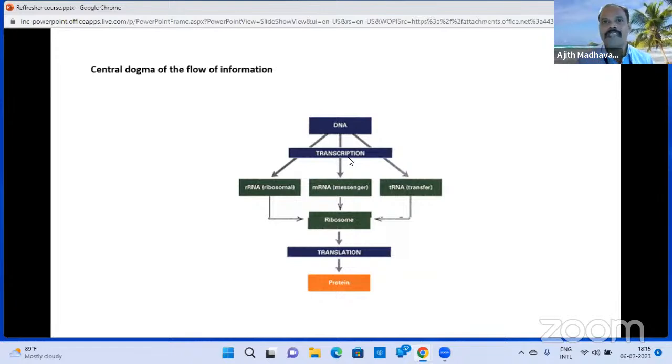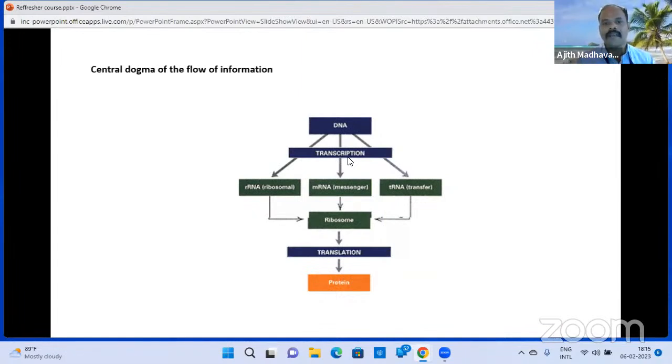In the case of DNA, that OH is missing, hence deoxy. Deoxyribonucleic acid. This is ribonucleic acid, RNA. The DNA is written into an RNA molecule. The process is called transcription.